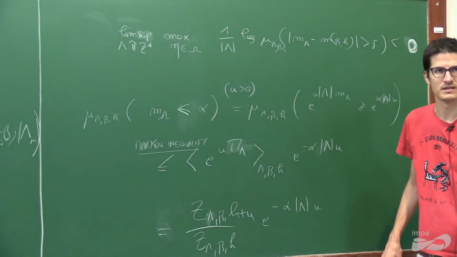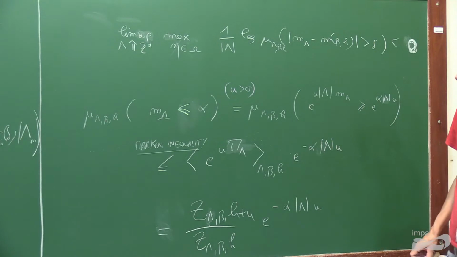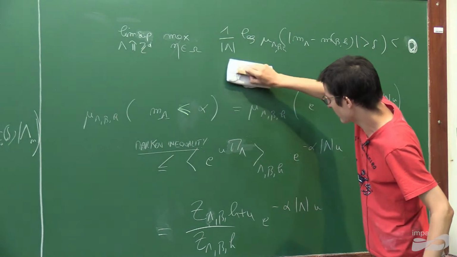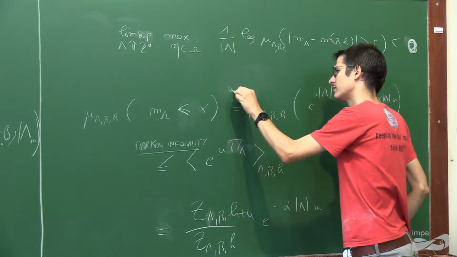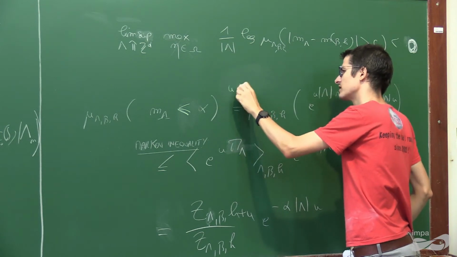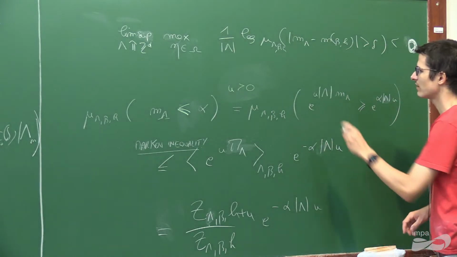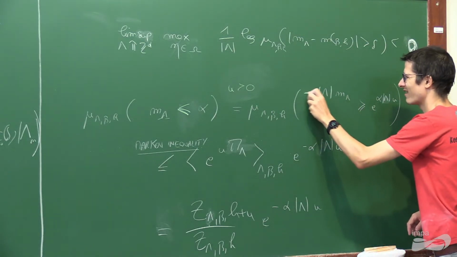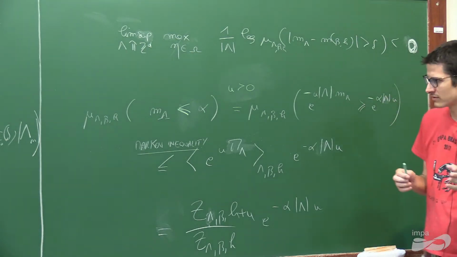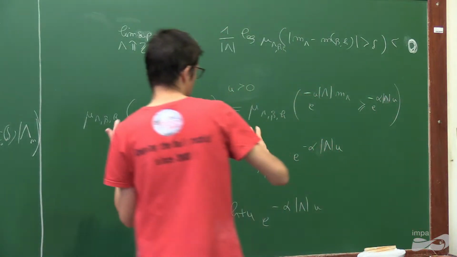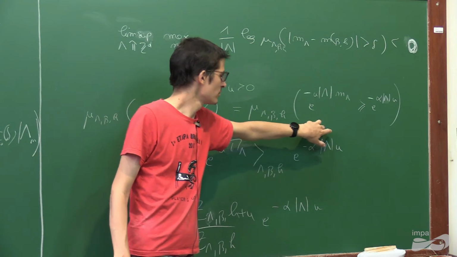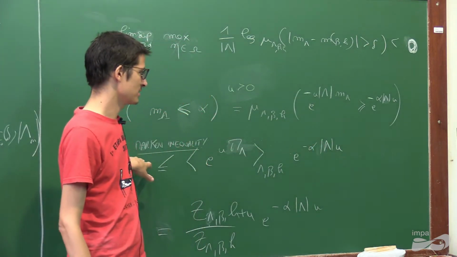What we want to estimate is this. Okay, and so now what we are going to do is, well, if you want, you may consider u positive, but now you want to revert the sense of the inequality in order to be able to apply this Markov inequality.